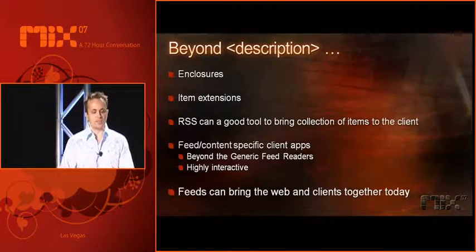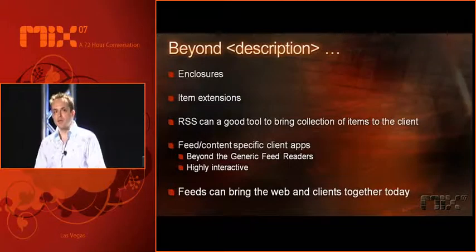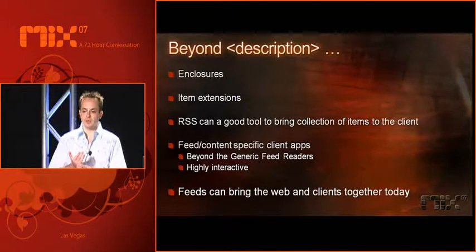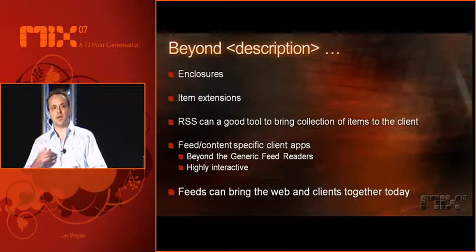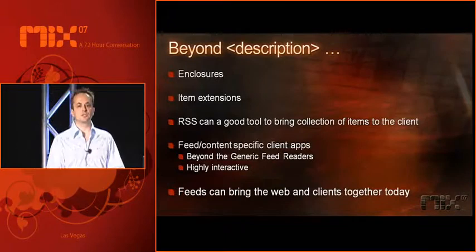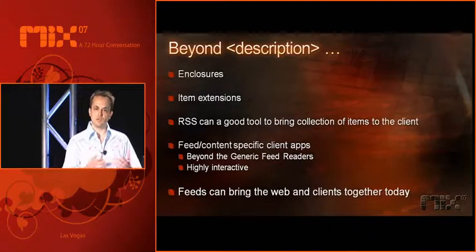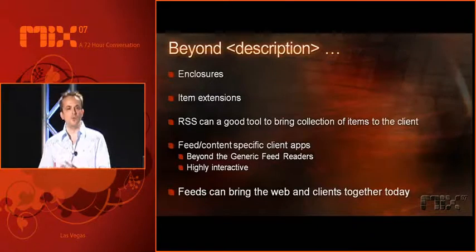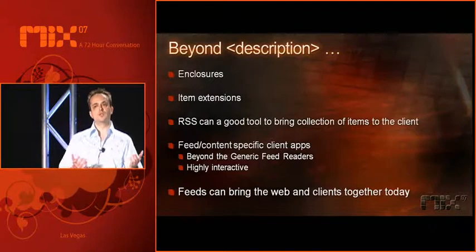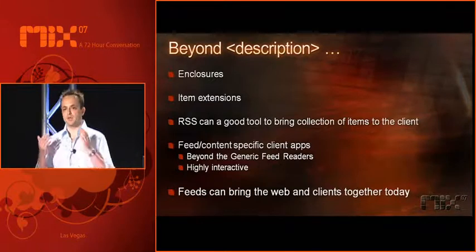All that is basically automated for you. The other part that I've already hinted at is the item extensions. Being able to put semi-structured information into the feed so that an aggregator or a smarter client app can do more things with it. Just because I put the price and description, sure, is good for the user, but that's only for the user.